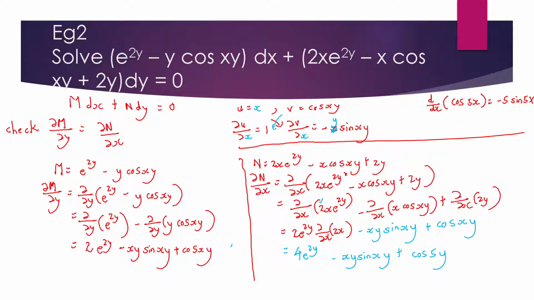Del x 2 is constant, exponent 2y is constant, so this one no more. So del x is 1, that's why the answer is 2 exponent 2y, because 2 exponent 2y is already factored out. So this one just left del x, which is 1. So the result is 2 exponent 2y.